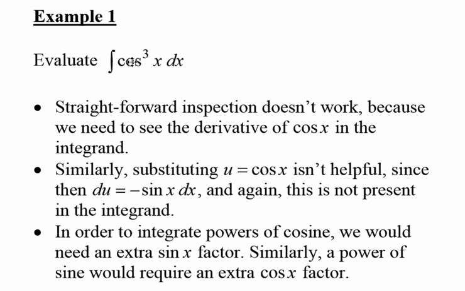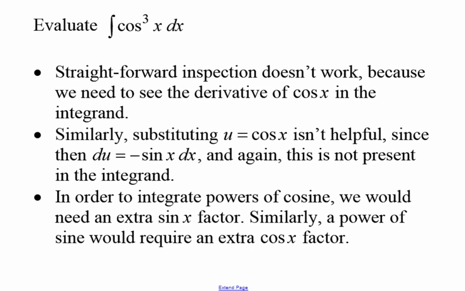Now we can't see the derivative of cos x, which is negative sine x, so we can't use inspection. In the same way, we can't use u-substitution, because u-substitution works on the same premise as inspection, that we let u be equal to our function, but then we get du to be the derivative. And again, we don't see that, so we can't use inspection and we can't use substitution.